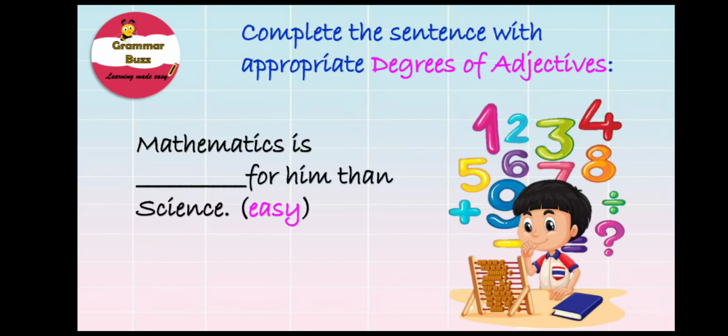Moving on with the next one, and the sentence says, mathematics is dash for him than science. And your positive degree of adjective is easy. I think it is easy too for you. Hey, that was really rhyming, to and you. What could be the word that you would fit into this sentence? Yes, you're absolutely correct. It is easier. Good job.